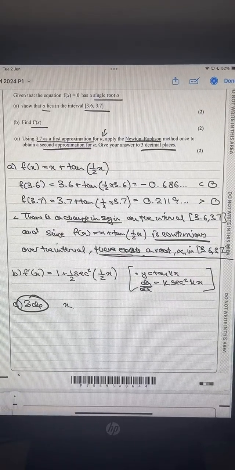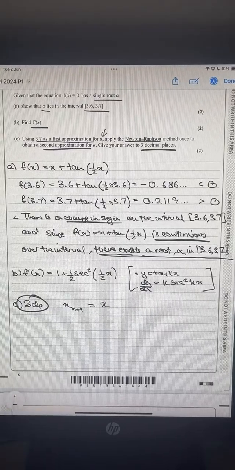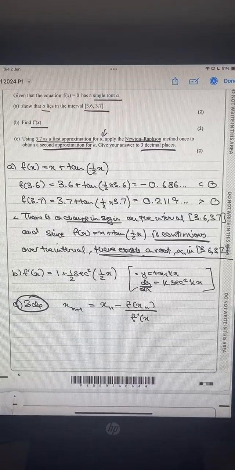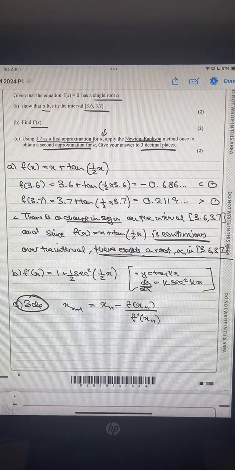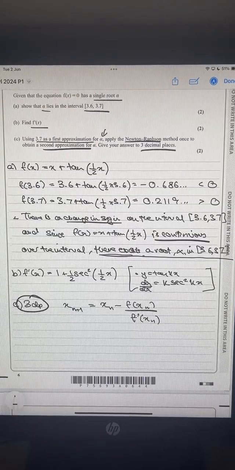So I like to write out my formula. So x of n plus 1, which is my next term, is equal to the previous term minus the function with the previous term value divided by the derivative function with the previous value. That's it. That's what I need to do. And all I have to do is plug into the formula. Even if you don't understand what Newton-Raphson is or how it works, literally just write out this formula and find the missing parts and then just plug in.